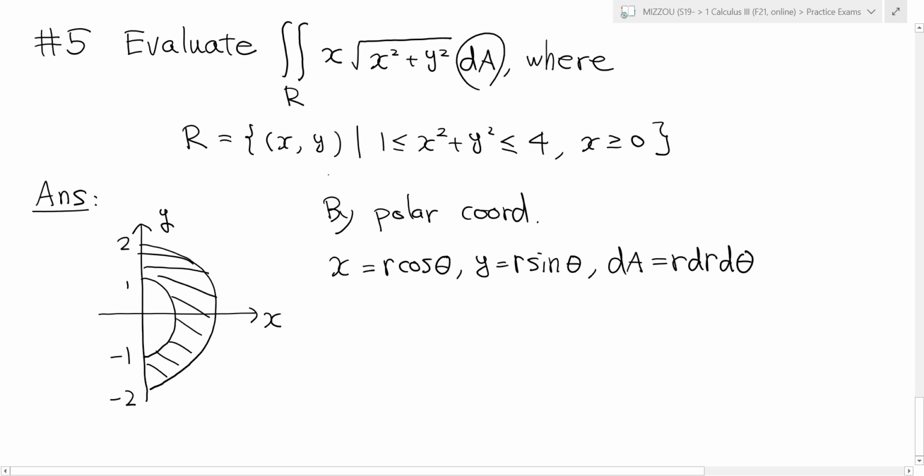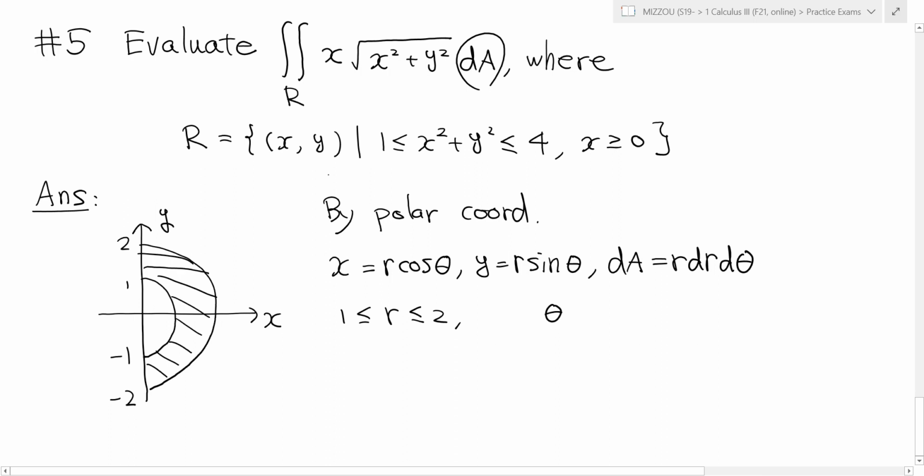And then we have to find the limits. Since the radius is between 1 and 2, r is between 1 and 2. Now for theta, what is theta? Theta is the angle measured from the x-axis. So this angle is theta, right?